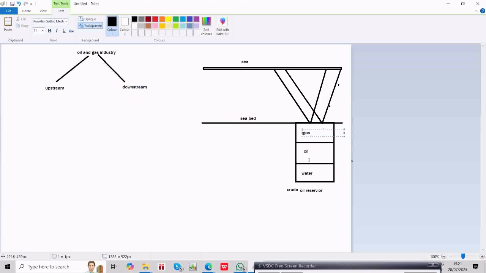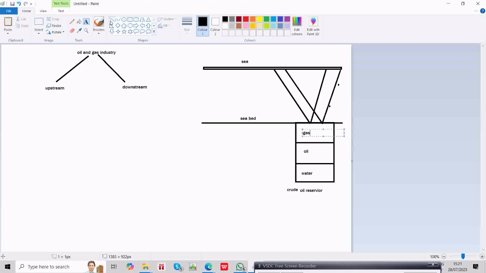It is arranged as per their density. Water has more density than oil, that's why water is at the bottom. Natural gas has lesser density than oil, that is why it is at the top. Till here you understand?